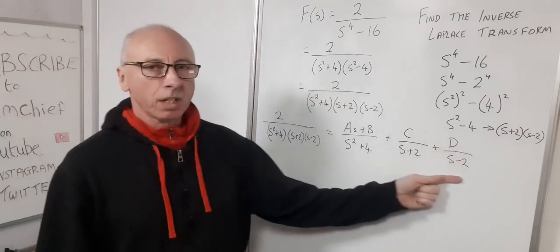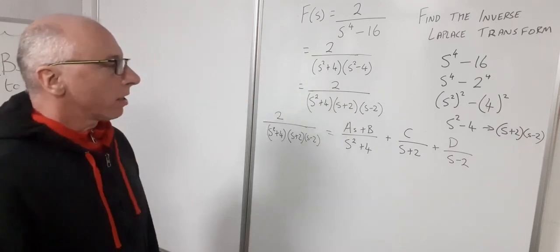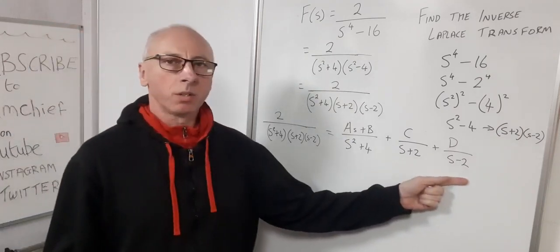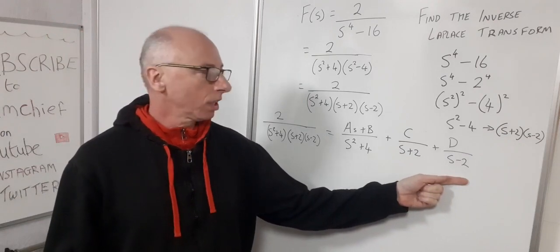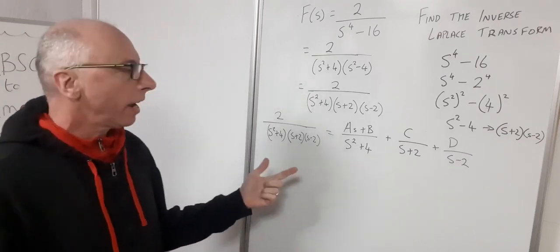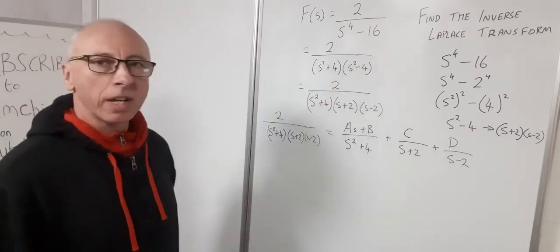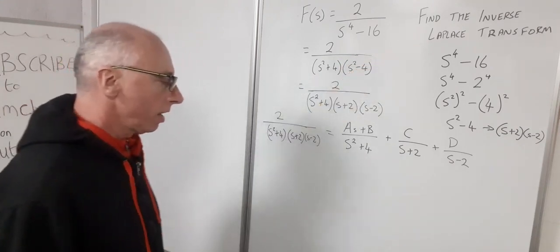Now partial fraction decomposition from here is going to be quite time consuming. So I've made a separate video on this partial fraction decomposition. I'm going to show you the result now so we can get on and concentrate on our inverse Laplace transform. If you want to follow the link below, you can see how we got to this result.